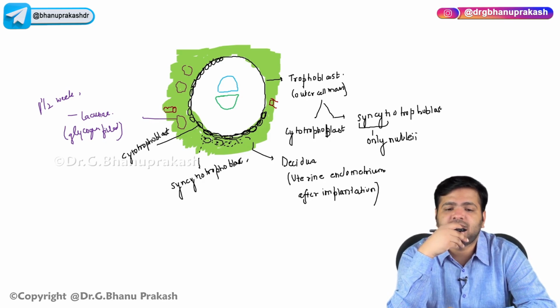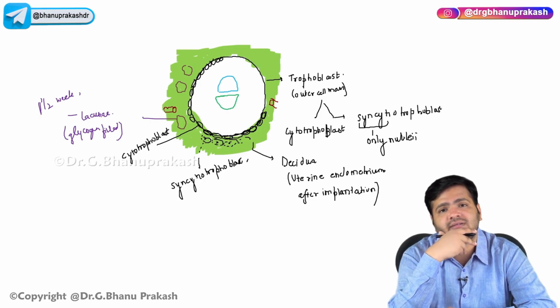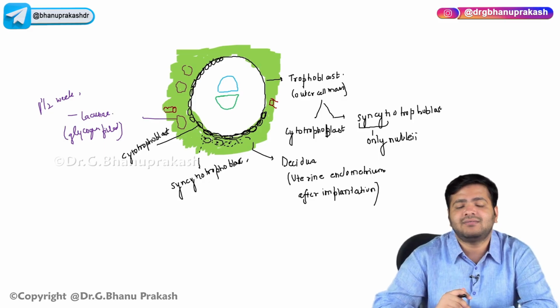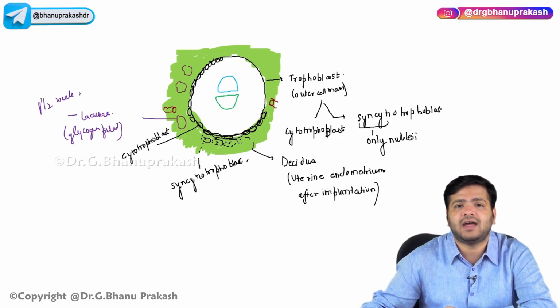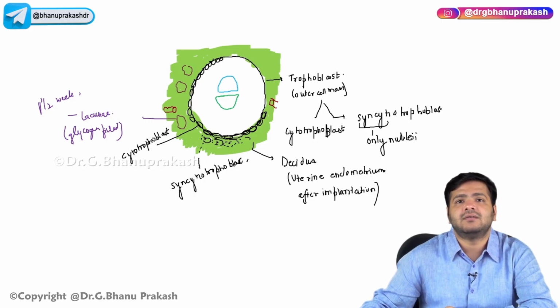So these cells can absorb the nutrition from these lacunae, and these lacunae will receive everything from the uterine blood vessels, right? So that is the need for this division of trophoblast, so that nutrition to the early embryoblast can be provided with the help of this. Thank you.